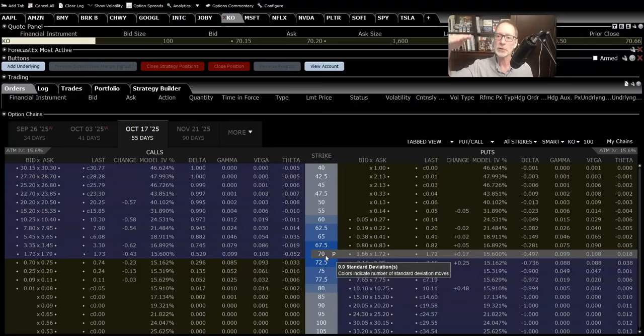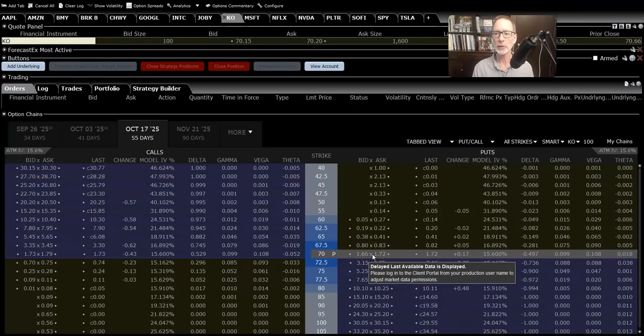If Coca-Cola finishes below 70, you're going to have to buy your 100 shares at $70 a share and pay out $7,000, but you already got that $169 up front. So as I said, your cost basis would be $68.31 per share. So you have to ask yourself, would I be comfortable potentially buying shares of Coca-Cola at $70 based on the amount of money I got?